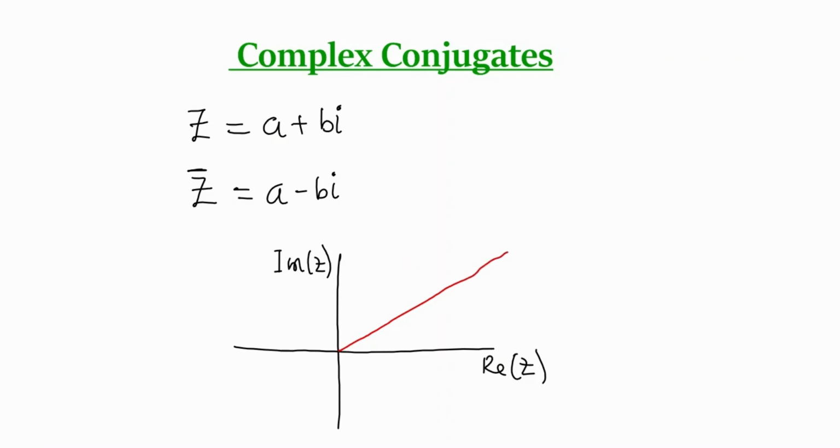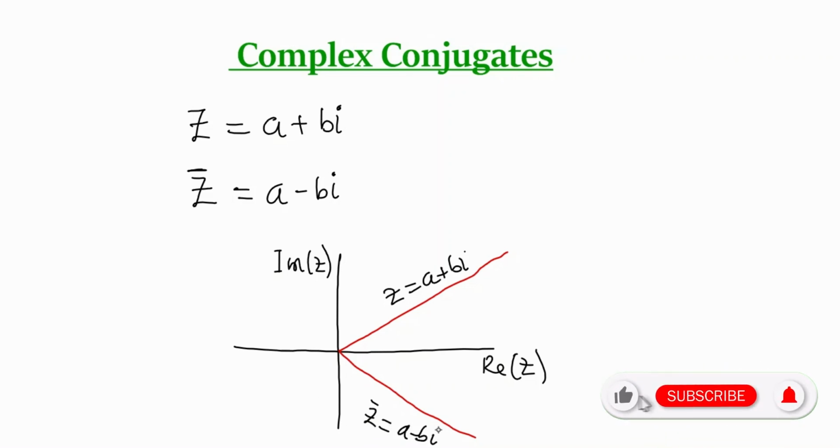So we have our z, which is equal to a plus bi. And then our z bar, the reverse of z, will now be at this side, which means our z bar is equal to a minus bi.